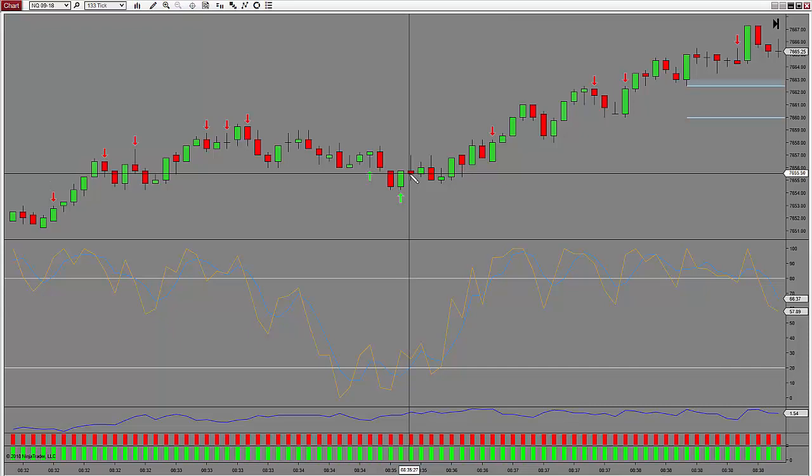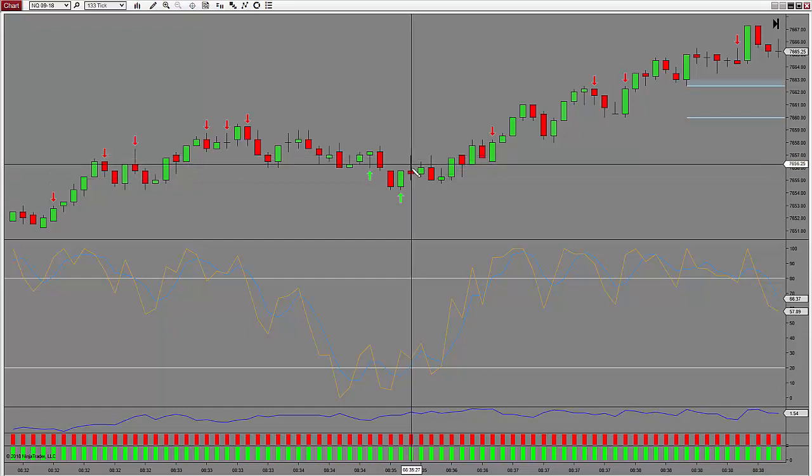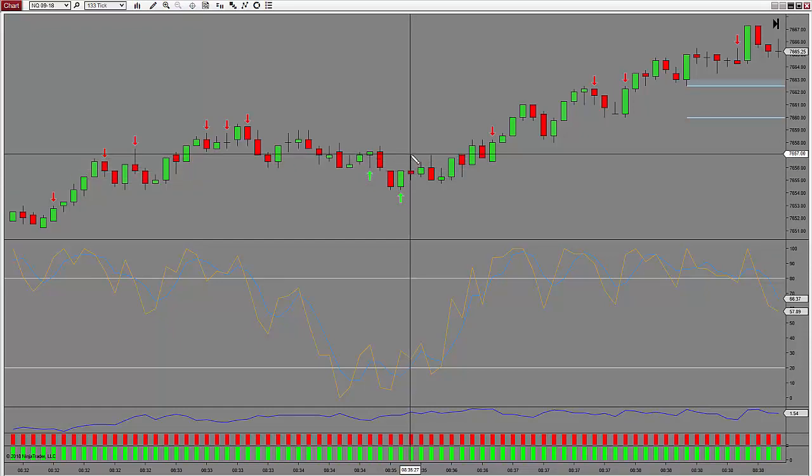Why? Well, the close of this candle was 55.50. The low was 55. It didn't close on the low. It closed 2 ticks off the low. In addition, it had a high that was relatively far apart from the close.